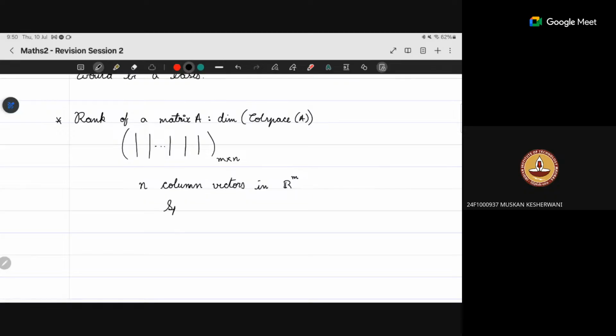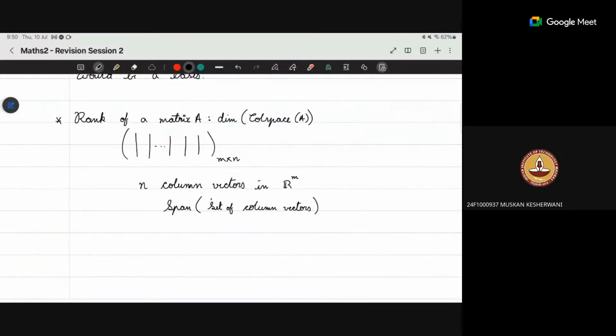This span of the set of column vectors: what is the cardinality of this set? What is the size of this set? It is n. It's a set of n elements, and I'm looking at the span of that.